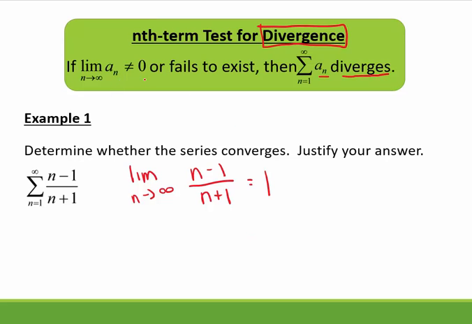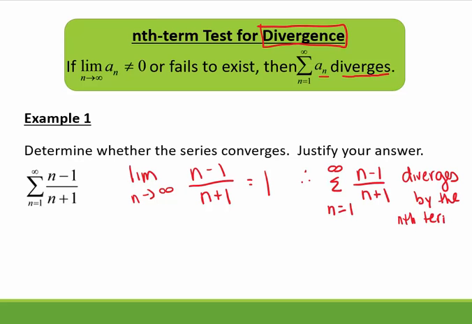And since my limit doesn't equal 0, so my limit equals 1, therefore my series diverges by the nth term test. So you need to tell me the series either converges or diverges, and you need to state the test. That's going to be really important to us.